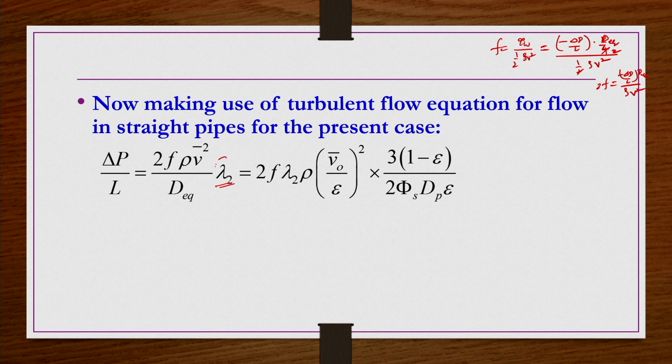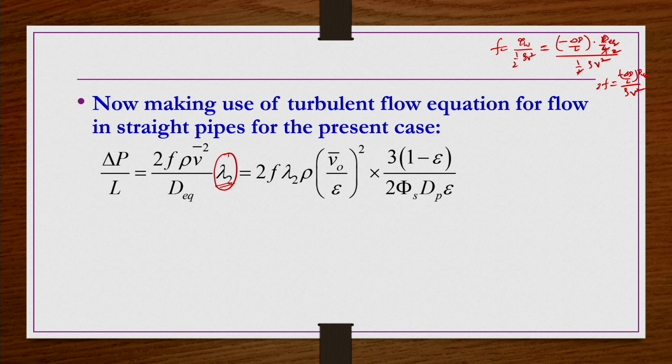So, we are not writing lambda 1, we are writing lambda 2. Why? Because lambda 1 is valid for laminar flow conditions. So, if the flow velocity is changing, the path traveled by a given fluid element through the tortuous path may be different. Okay. So, let us take lambda 2.